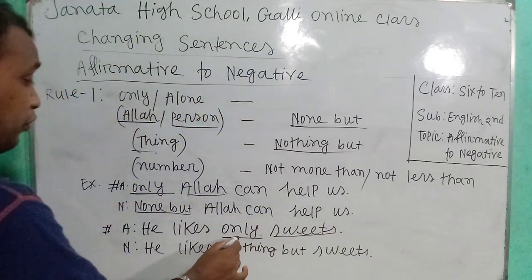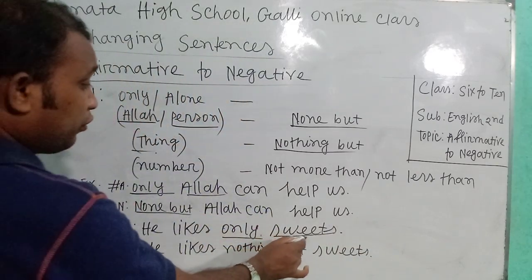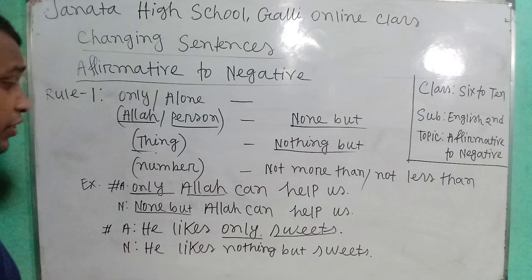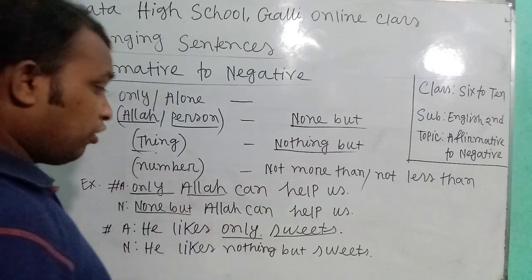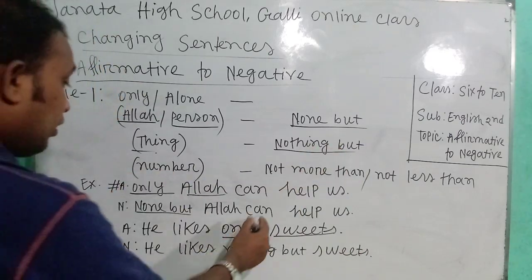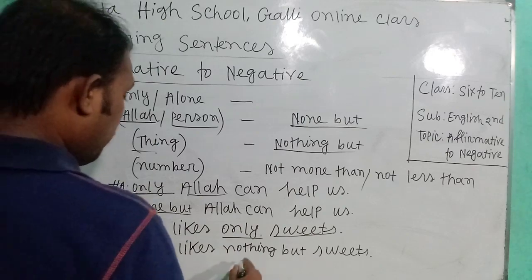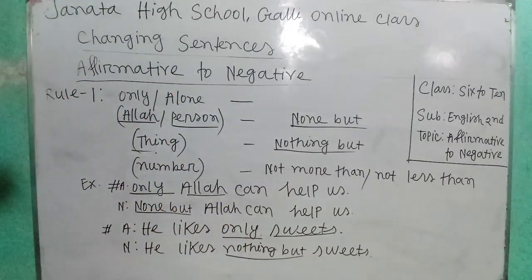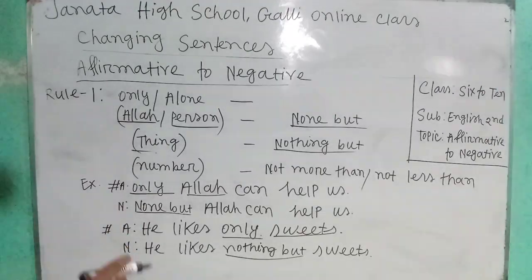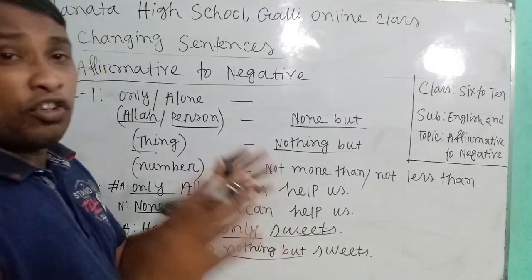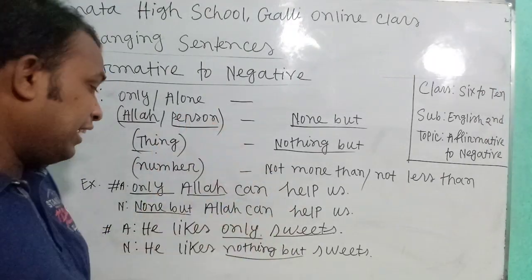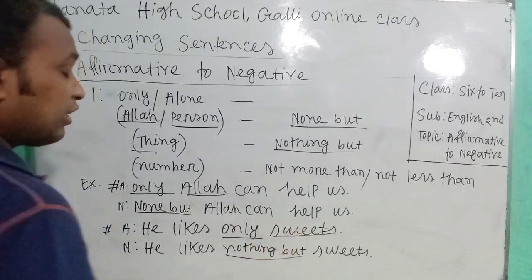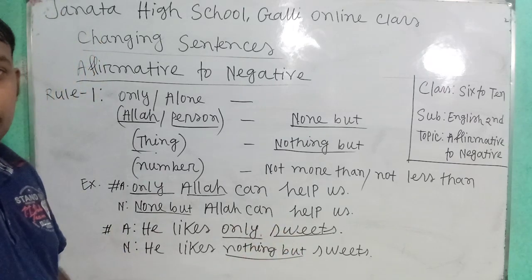I have used only here before the word sweets. Sweet is an object. So I have used nothing but instead of the word only. If we find only before any object, before anything, we have to use nothing but.